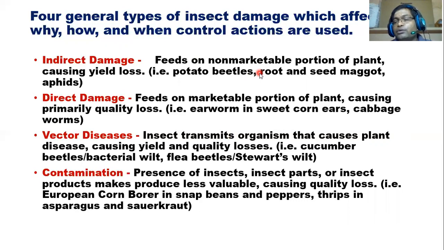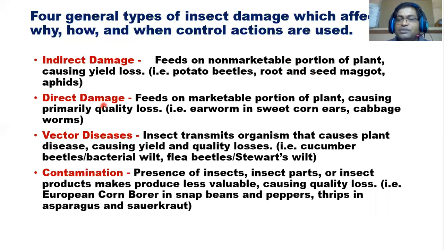For example, if you take potato and the pest is attacking potato leaves, there is no direct impact, because we need potato tubers, not the leaves. Indirect damage also causes yield losses. For example, in the young seedling stage, if they are eating too many leaves, then photosynthetic activity will be less, and then your tuber size will be less. It's called indirect damage.